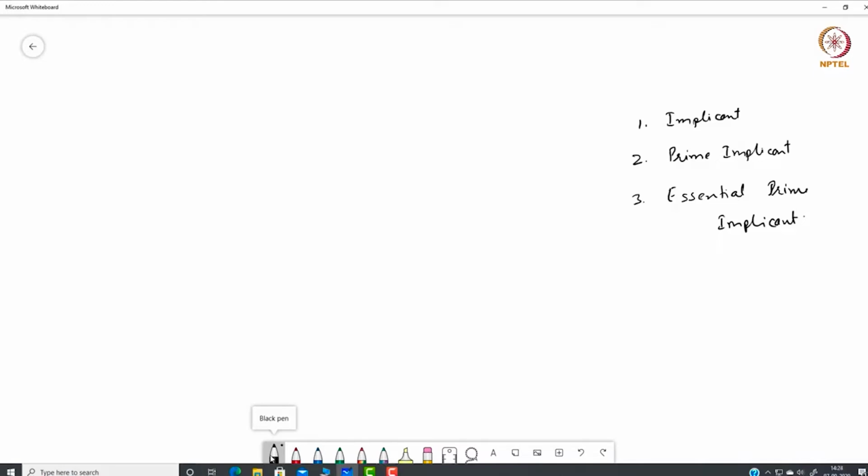Let us say the function f, which is of 4 variables a, b, c and d, is given as sum of min terms 2, 3, 5, 7, 10, 11, 13, 14 and 15.